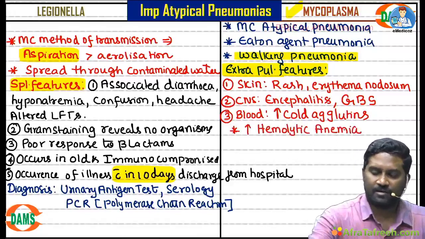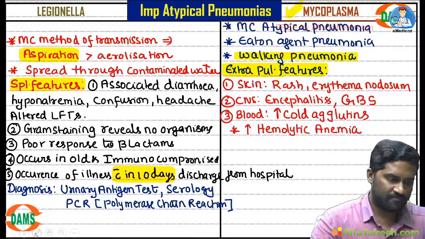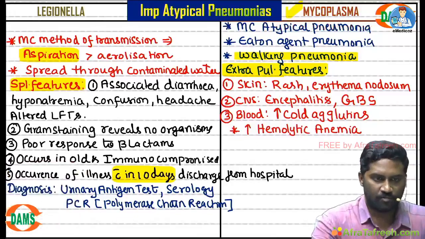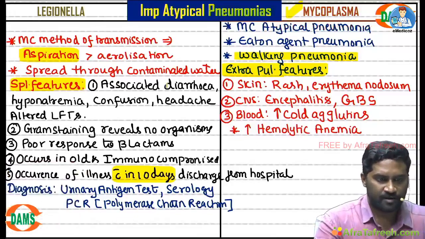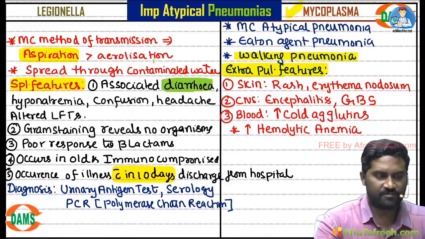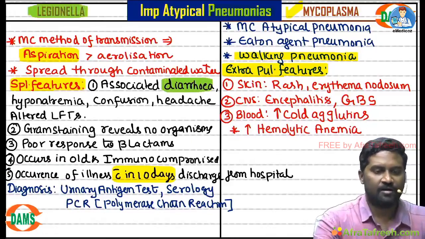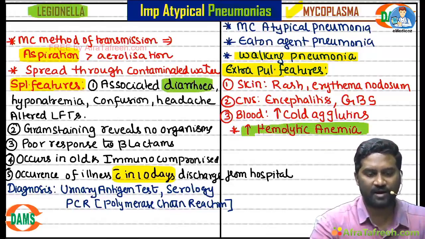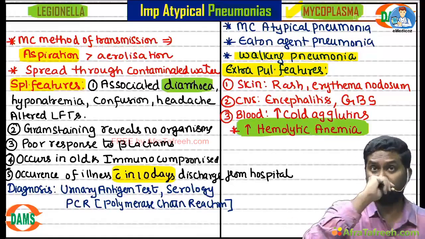Very important. In the question, if you notice pneumonia with diarrhea, your answer should be Legionella. Pneumonia with hemolytic anemia, your answer should be mycoplasma.